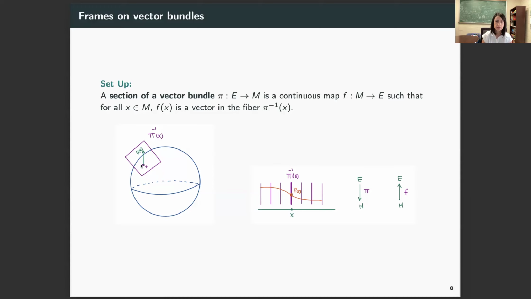So we can think of this like if I have this point x, then F of x is a vector that is on this fiber, pi inverse of x, just lying here. Another way to think about it is that this continuous map from M to E creates a vector in my fiber. And this is another definition that we need.